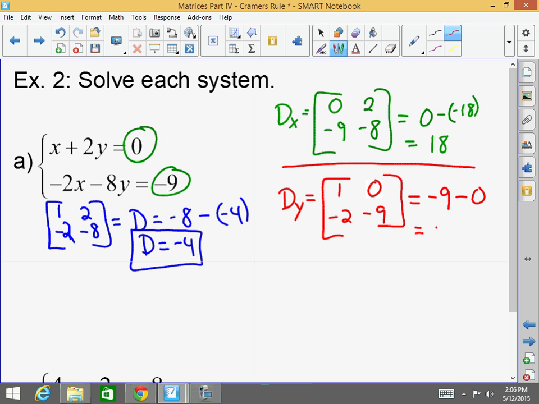So that's -9. Now, are the answers going to be pretty here? No. That's just sometimes the way life goes, unfortunately. So my x will equal my d of x, which is 18, over -4. So let's go ahead and just call that -9 halves. Right, guys? Or, if it makes you happier, -4.5.